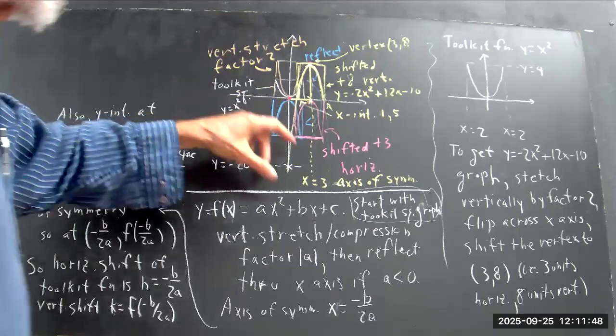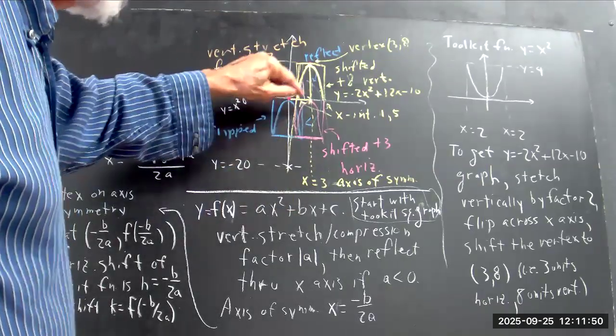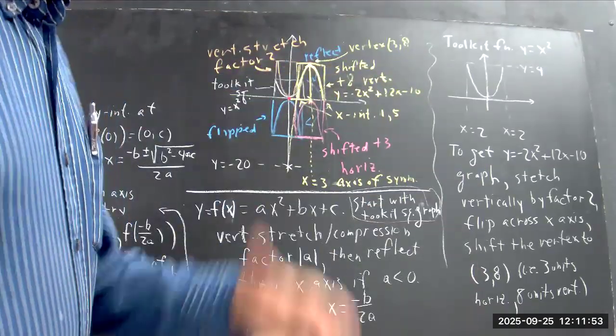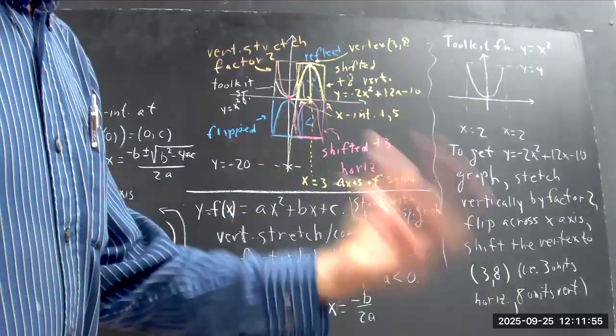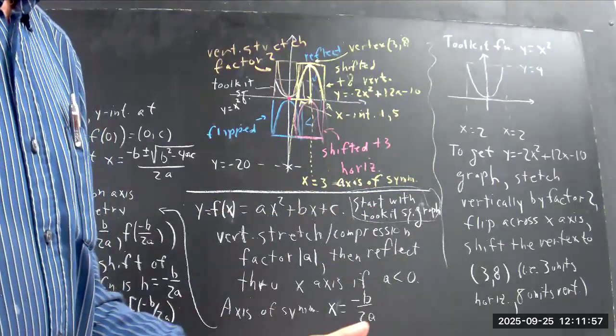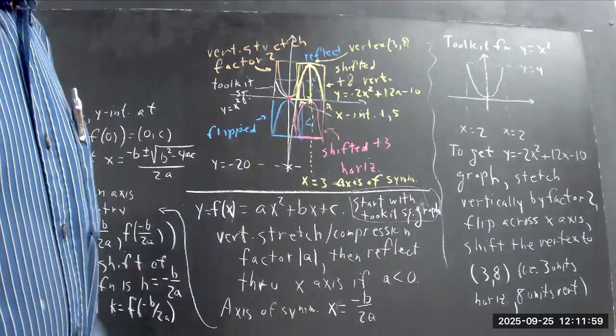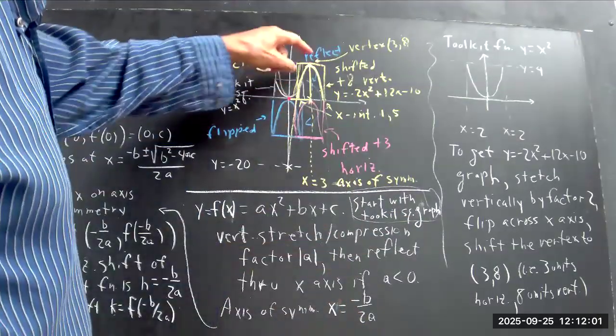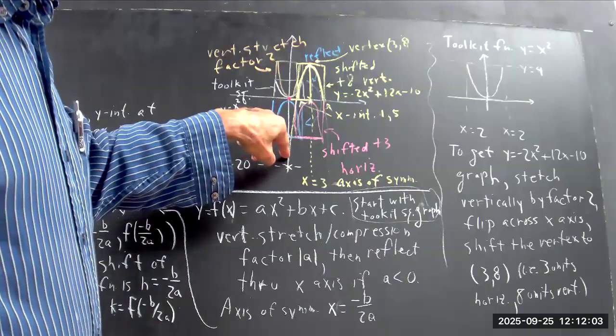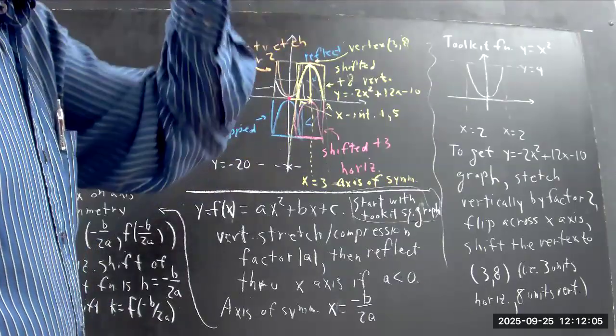It's just that if you do these transformations accurately, that's where the zeros are going to end up. But if you're trying to graph the thing, go ahead, get the zeros. If you've got real zeros, that gives you something to grab onto. If you don't, you can still find the vertex and the y-intercept. Okay?